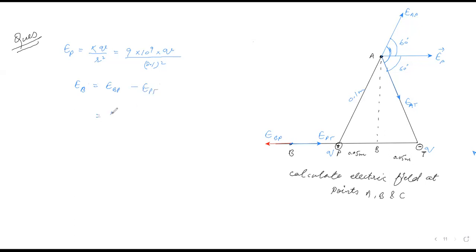What is E of BP? KQ over the separation between B and P, which is 0.05, so 0.05 square, minus KQ over 0.15 square.